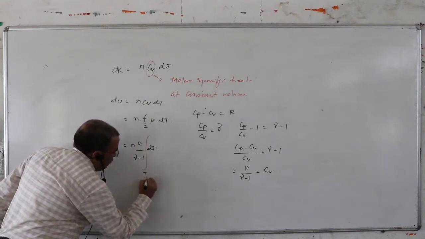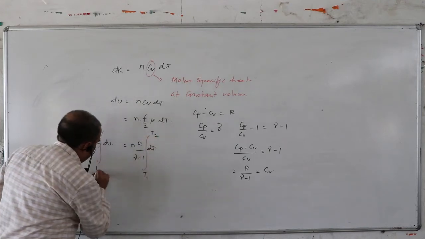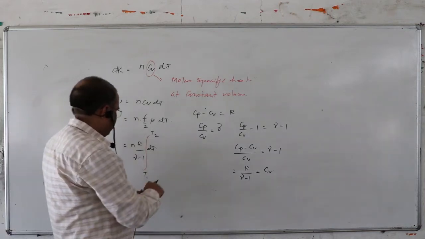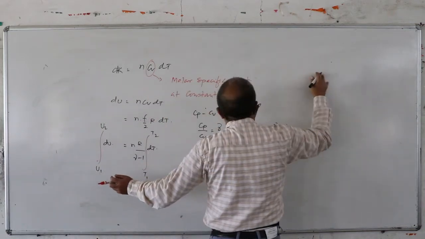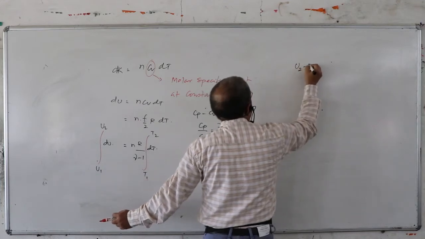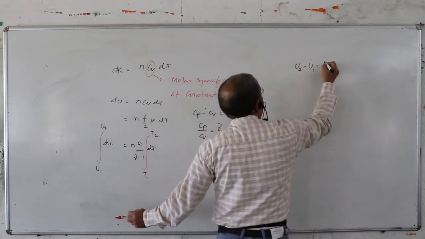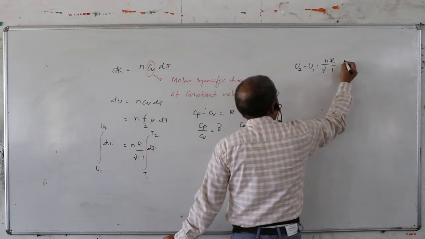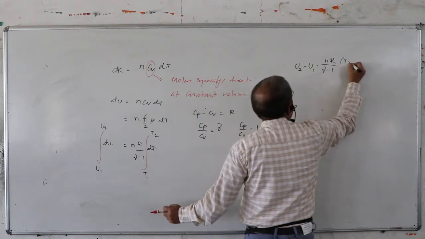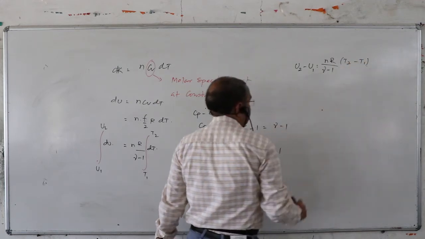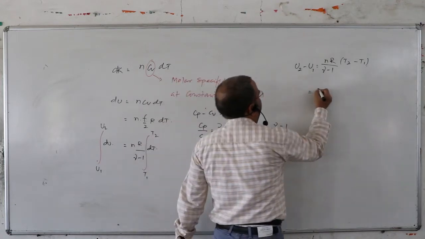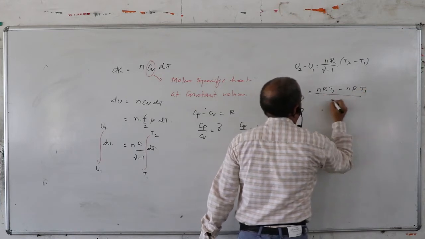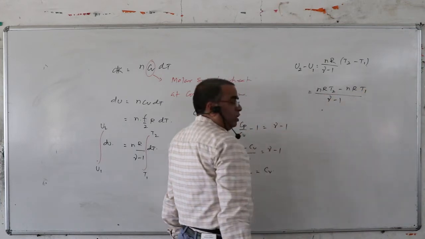So if internal energy varies from U1 to U2, U2 minus U1 is nR upon gamma minus 1 into T2 minus T1. We can write this as nRT2 minus nRT1 upon gamma minus 1.